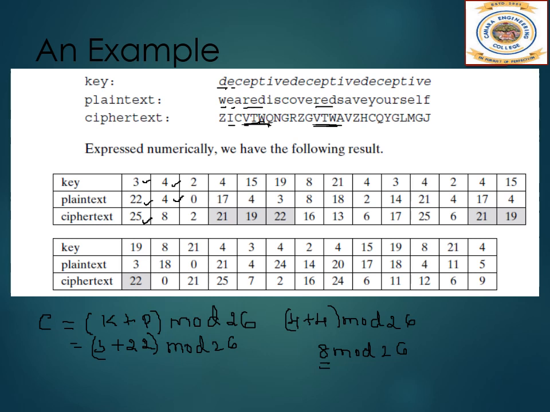But the appearance of VTW here need not be more than coincidental, because RED and RED are encrypted to VTW here, but it need not be the same.